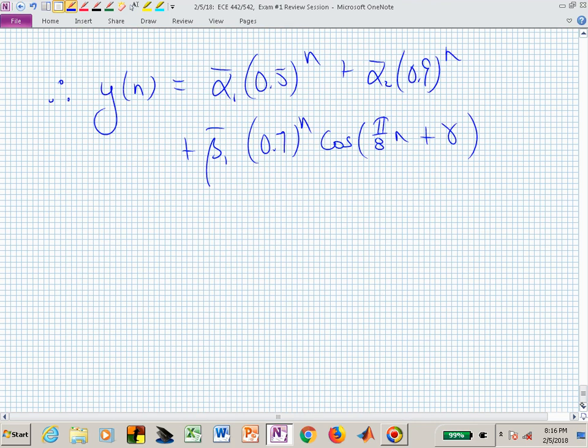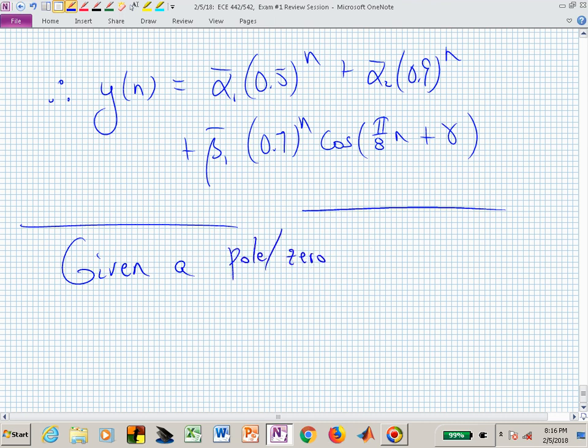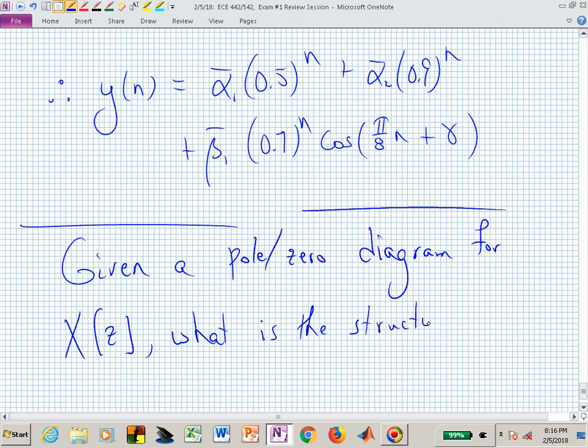If I now said something like the following, given a pole zero diagram for x of z, what is the structure of little x of n?